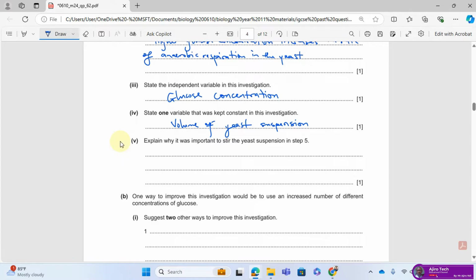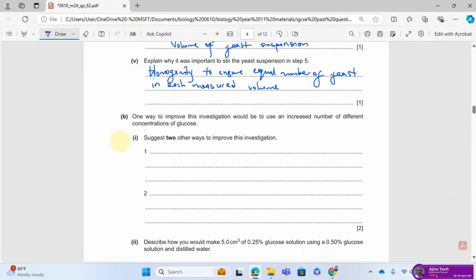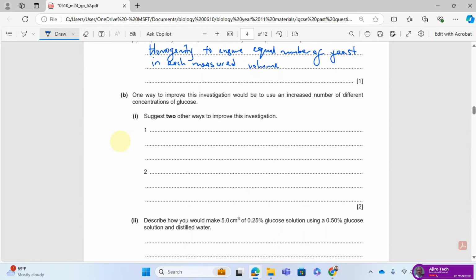It is for homogeneity, to ensure equal number of yeast in each measured volume. So ensure that the yeast is evenly distributed in the 5 cm cube volume used.